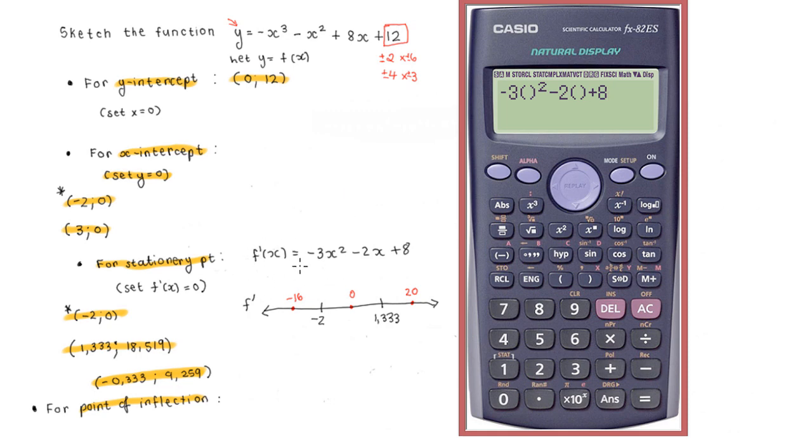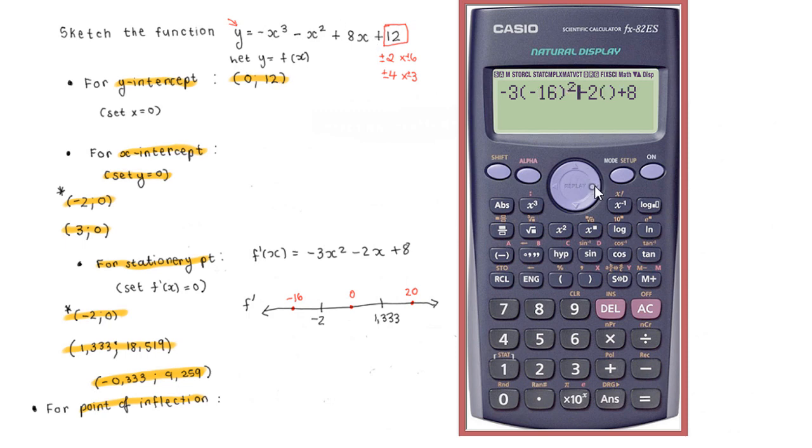If f prime is negative, then we know that our original cubic function is decreasing in that interval. What we're doing here is also called the first derivative test, and this also helps us when we go into optimization. It's going to help us to identify whether or not a critical value that we obtain is actually a maximum or a minimum point, and we will see that in upcoming videos.